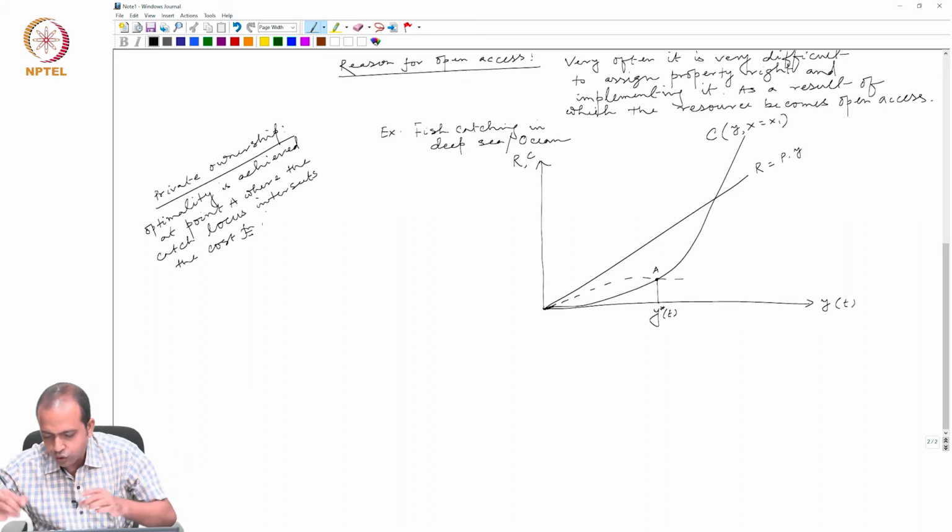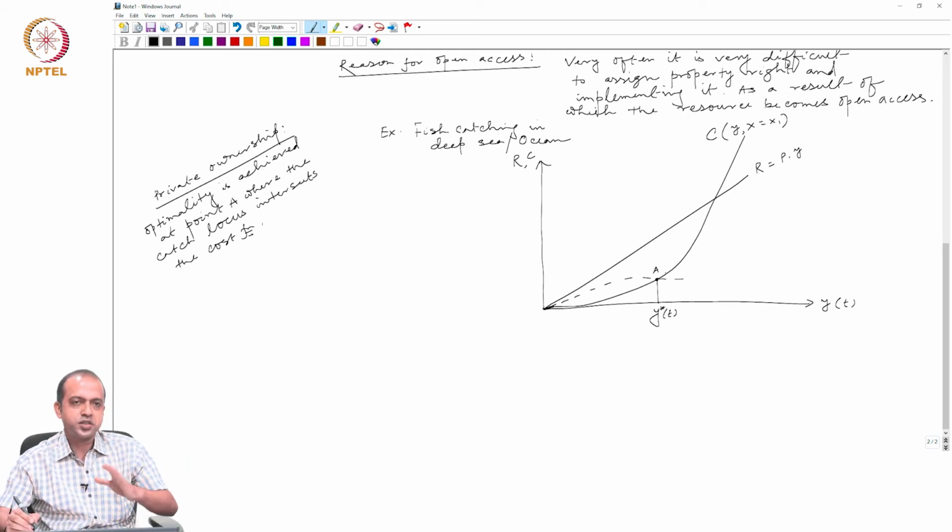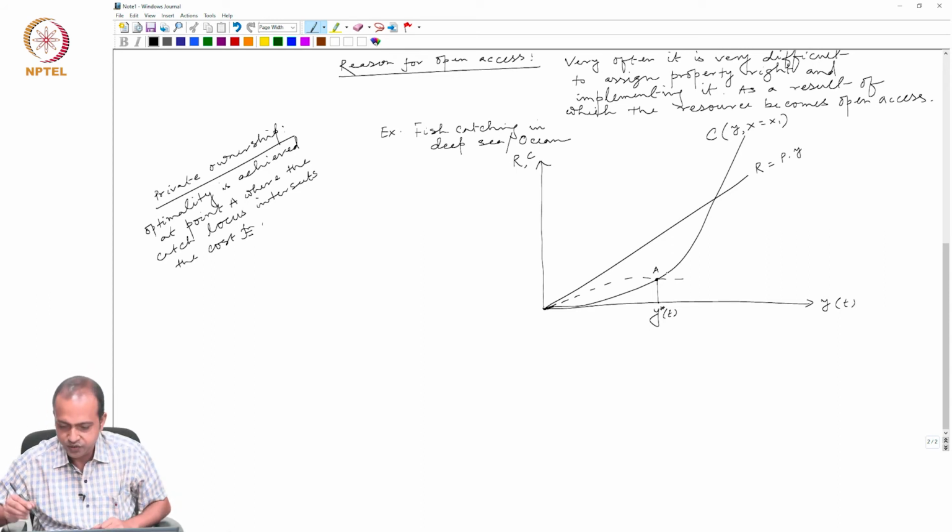If you recall, the catch locus is nothing but several optimality points where the first order condition is satisfied.